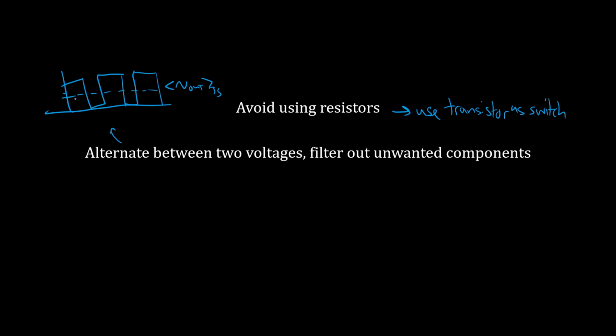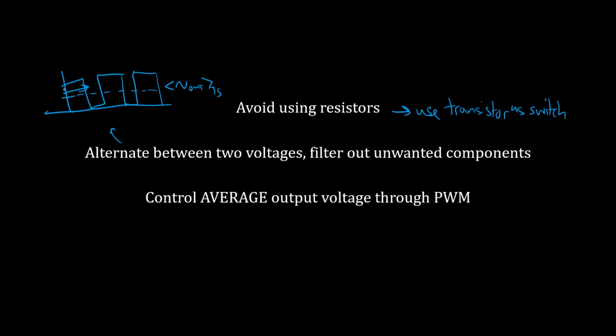What we ended up with was a square wave, and this square wave had some average. And the average was what we were interested in. So we filtered out the high frequency stuff just to get the average, right? We alternate between two voltages and filter out unwanted components. And we can control the output voltage by varying this pulse width. As we vary the length of time Q1 is on, we can change what the output voltage is.